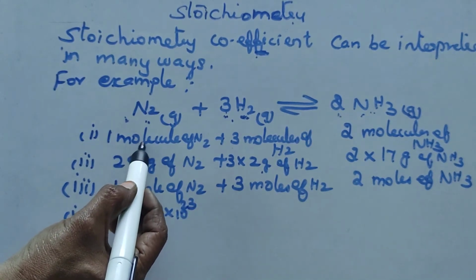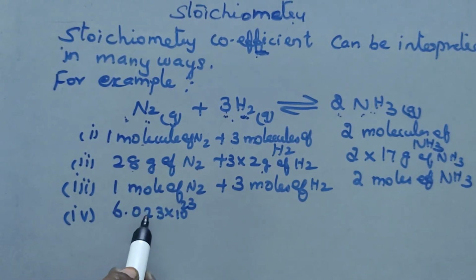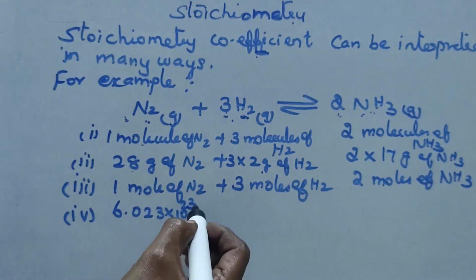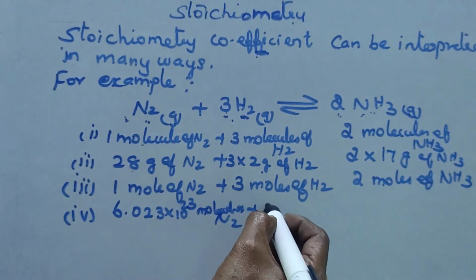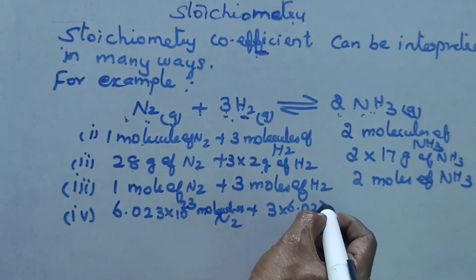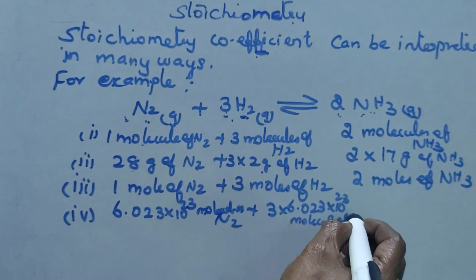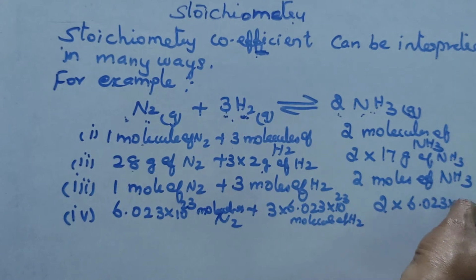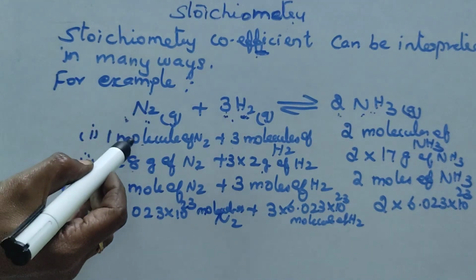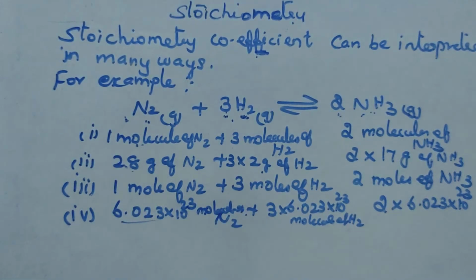Here only one molecule, but if we take 28 gram of nitrogen, it contains 6.023 into 10 power 23 molecules of nitrogen combined with 3 into 6.023 into 10 power 23 molecules of hydrogen, then 2 into 6.023 into 10 power 23 molecules of ammonia. Here it is one molecule. If we take 28 gram, it will be having these many molecules.